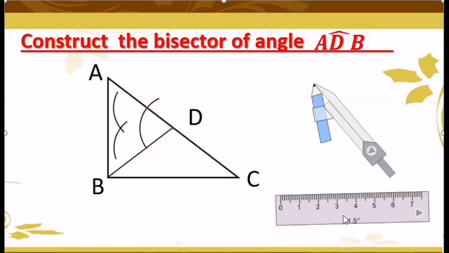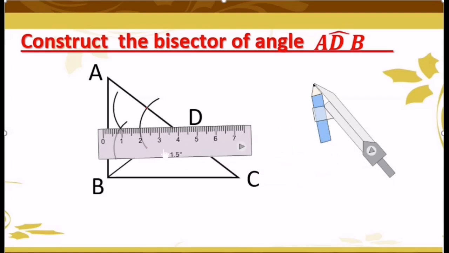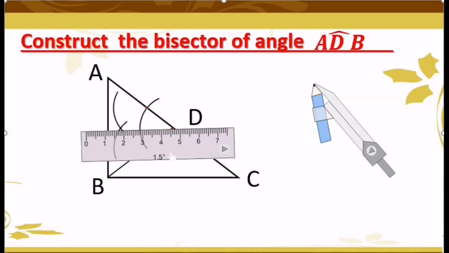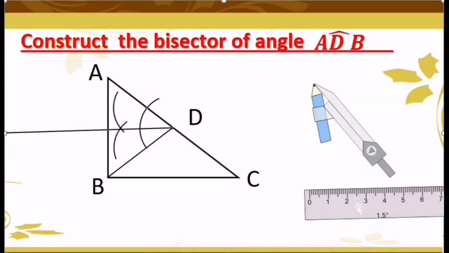The third step is to use the ruler in order to join this point with point D. And this is the bisector for angle ADB. So this angle will be equal to this angle. Very good.